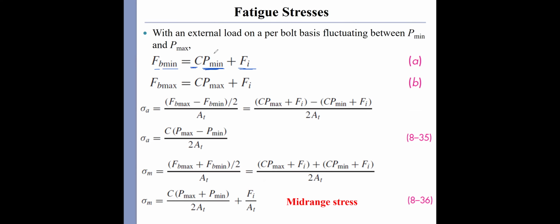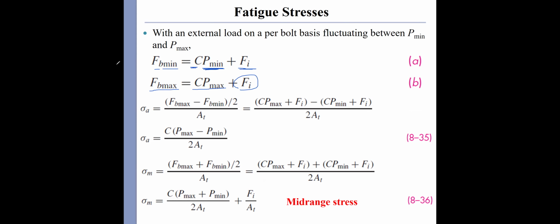And F_B max is the maximum force of the bolt, which equals C times the maximum external force plus the initial force.